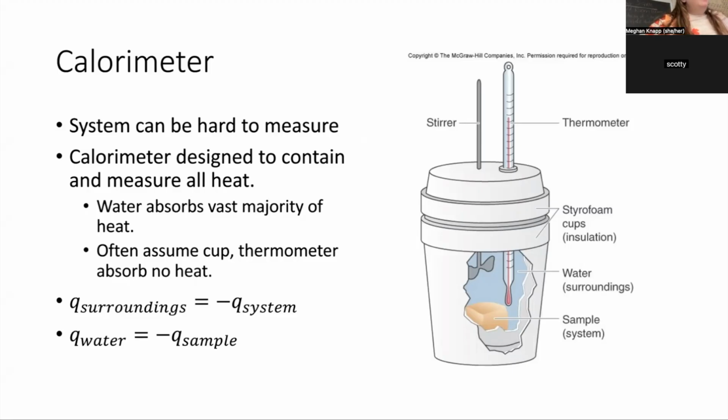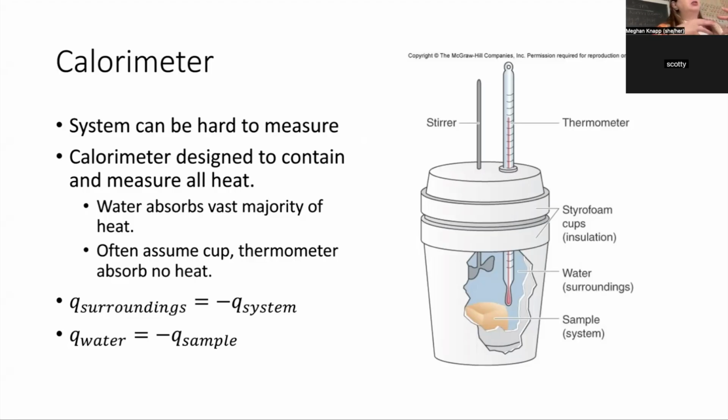I think you have 2 weeks of this. So you're going to do one where basically you're just looking at water and a piece of metal. And then you will do one where you have a solution. So when you have the solution, you're going to have an acid and a base, and you're going to mix them together.